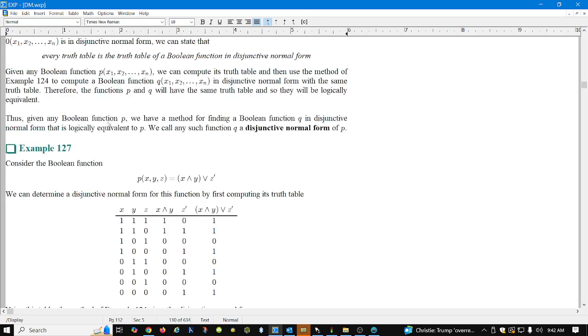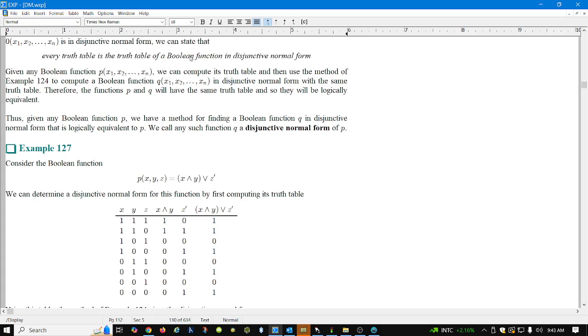So given any Boolean function, we have a method for finding another Boolean function that's in disjunctive normal form, that's logically equivalent to the polynomial or function we started with. What do we do?